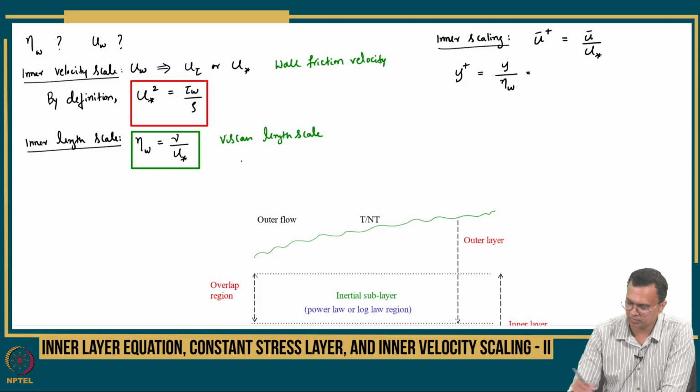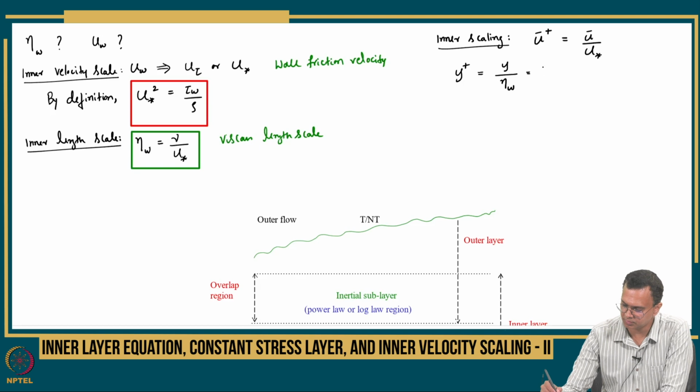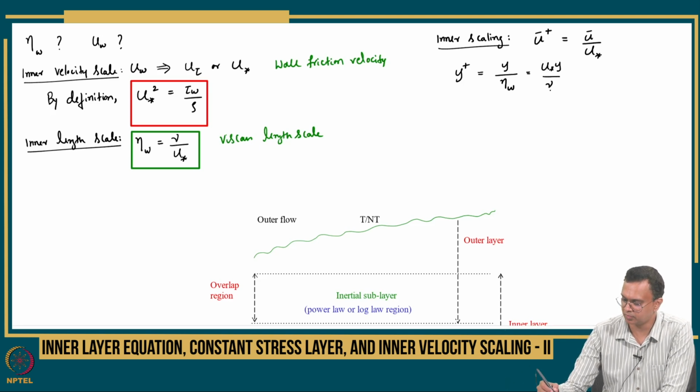And what will this be? When I set this in, this will become u star y by nu. So y plus is u star y by nu. Y is known, that is known from your problem. Kinematic viscosity is known. As long as you compute wall friction velocity, you can have a y plus coordinate, which is your inner coordinate.